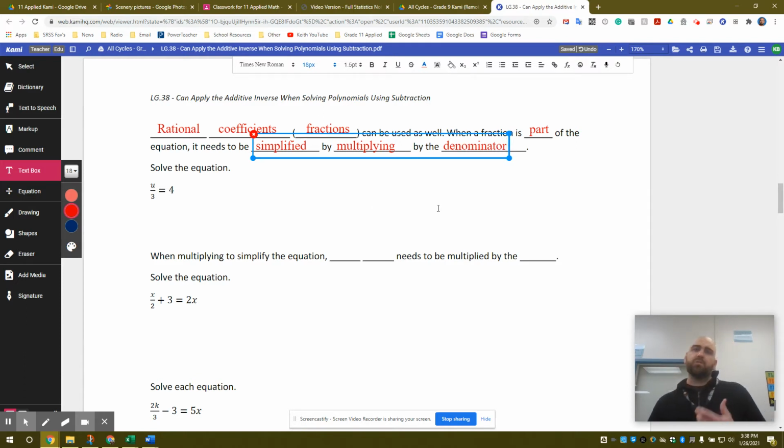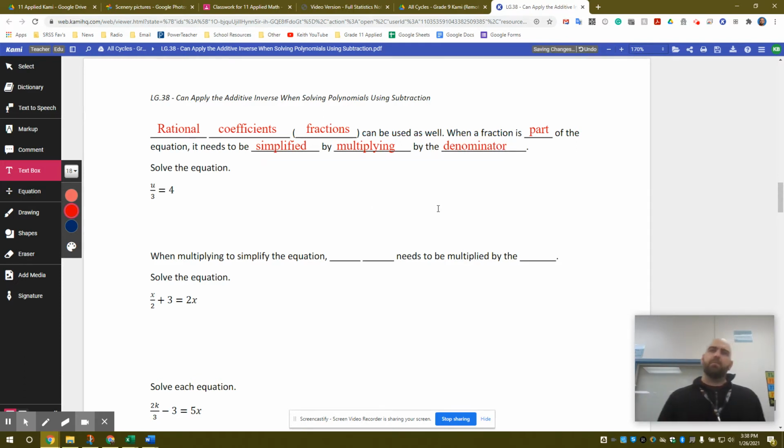So we can actually remove a fraction by multiplying by the denominator. By multiplying it by the denominator, we get rid of the fraction. It's exactly what we did when we did opposite operations. That denominator is dividing, and so the opposite thing is to multiply. That's how we get rid of it. But we have to multiply. If we're multiplying one term, we have to multiply all the terms by the same amount.